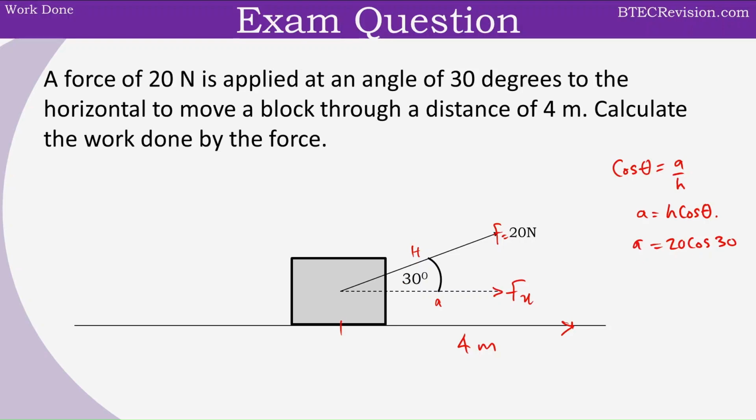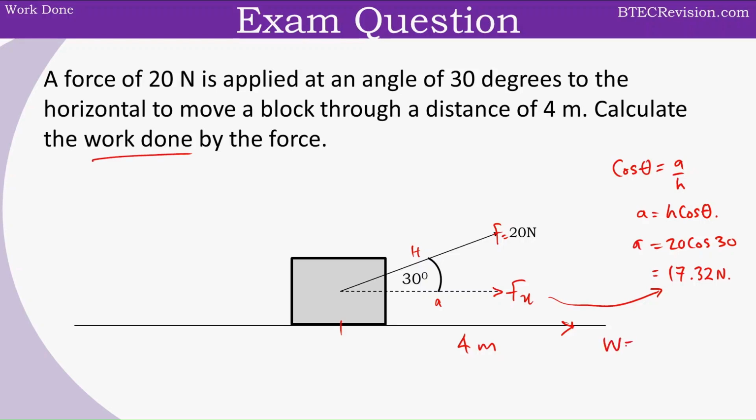So our adjacent, which is our force in the x direction, or the component in the x direction, we can calculate using this equation here. And this gives us a value of 17.32 newtons. So our force in the x direction is 17.32. However, the question is asking for the work done.